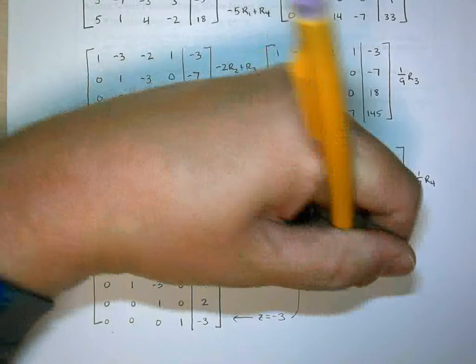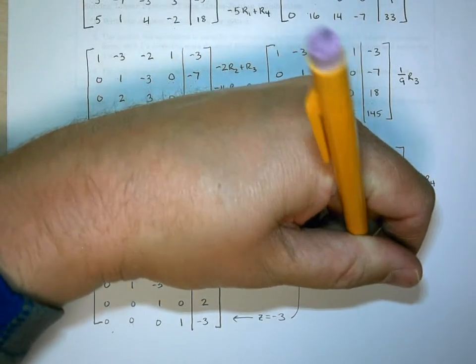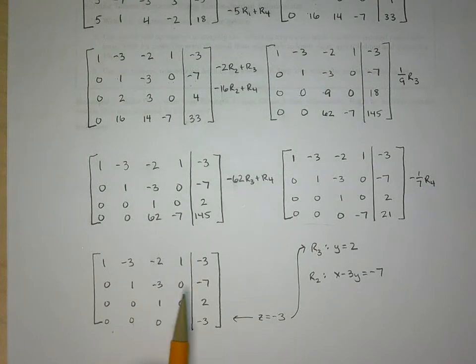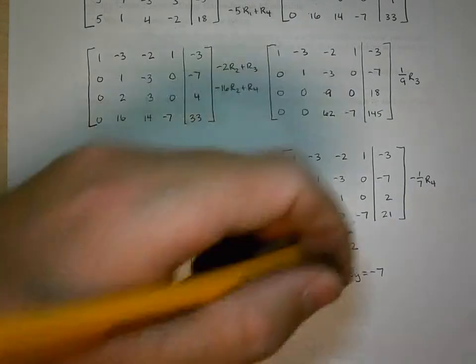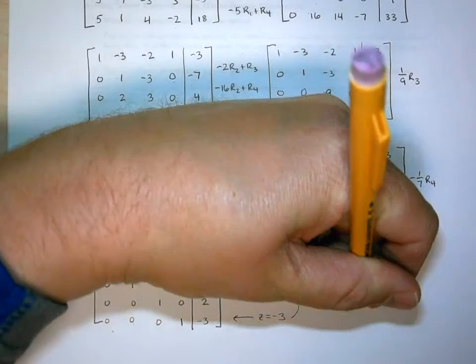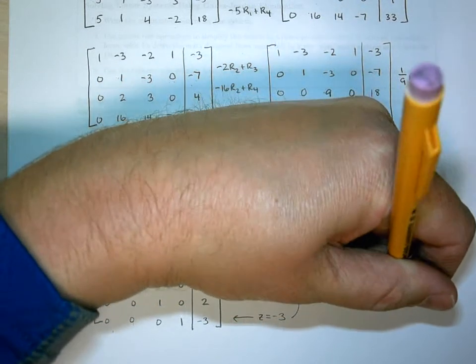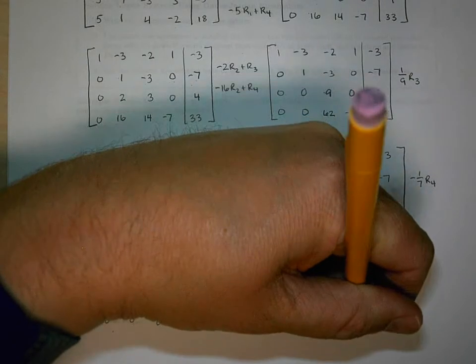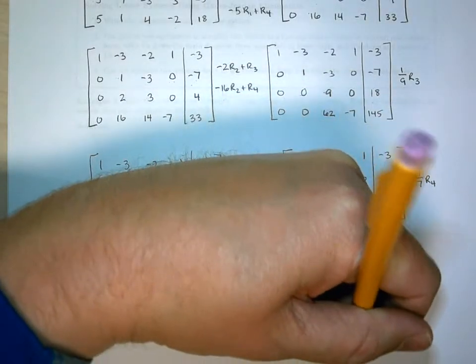Row 2 says that 1x minus 3y equals negative 7, and so that's what I've written here. Now we happen to know that y is 2, so let's put that in there. I've got x minus 3 times 2 equals negative 7. In other words, x minus 6 equals negative 7, and therefore x is negative 1.